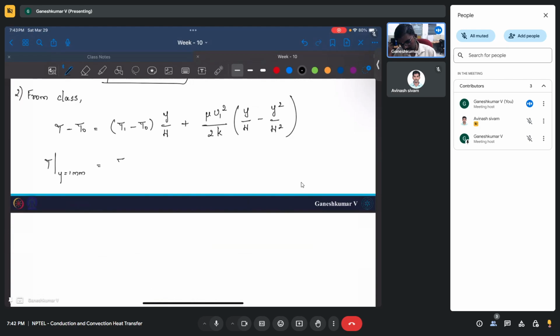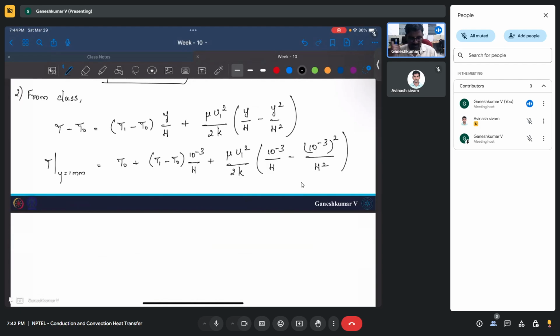So T will be equal to T naught plus T1 minus T naught into 10 power minus 3 by h, plus mu into u1 square by 2k into 10 power minus 3 by h minus 10 power minus 3 square by h square.